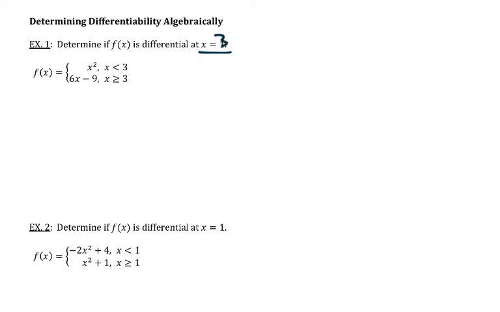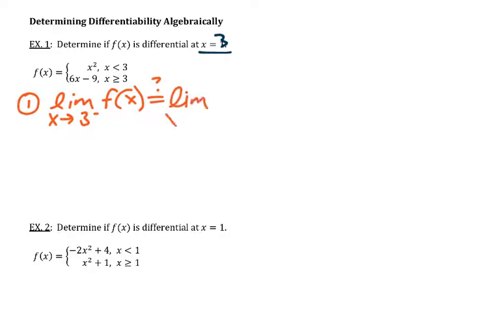So is the function continuous at x equals 3? And if it is, is it also differentiable? To test continuity, we want to think about the limit as x approaches 3 from the left of f of x. Is that equal to the limit from the right?